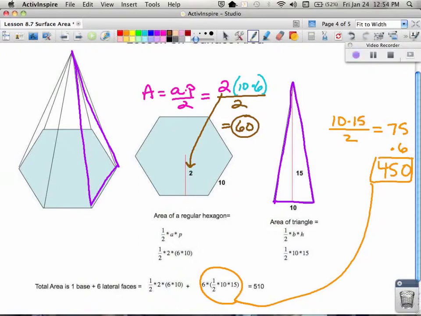And the 60 that we saw in brown for the base was the result of the area of the hexagon, which was 1/2 the apothem times the perimeter, or in other words, apothem times perimeter divided by 2. So split it up into pieces and then add them up in the end. I took somewhat of a shortcut by multiplying one triangle by 6 instead of adding up 75 6 times.